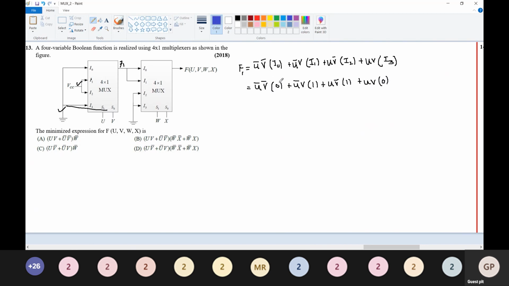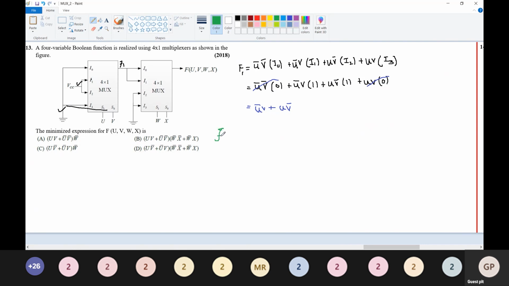So what happens? The 0 terms become 0, which leaves the expression as U dash V plus U V dash. Now we go to the second multiplexer.